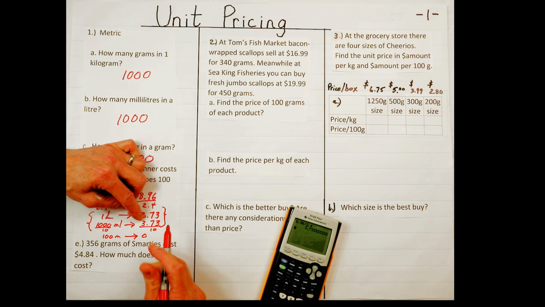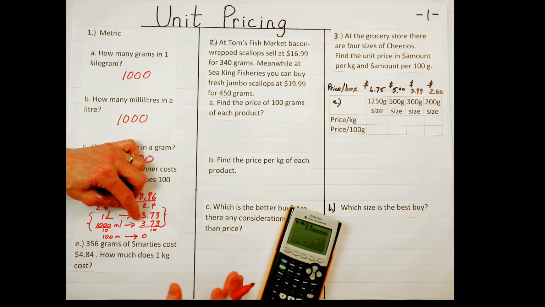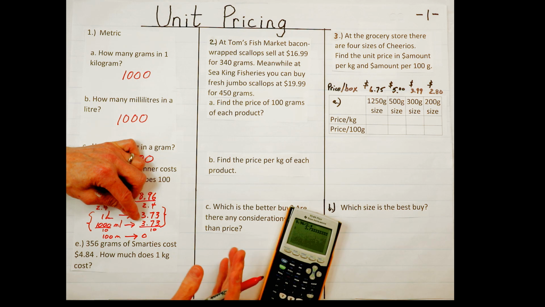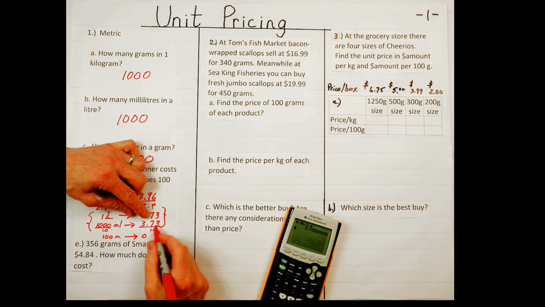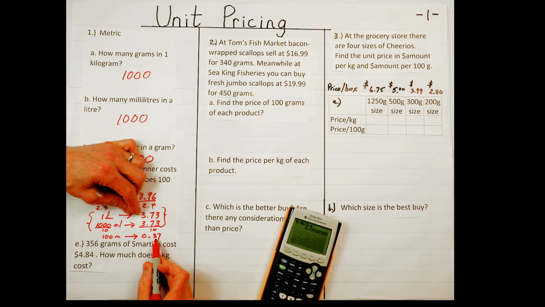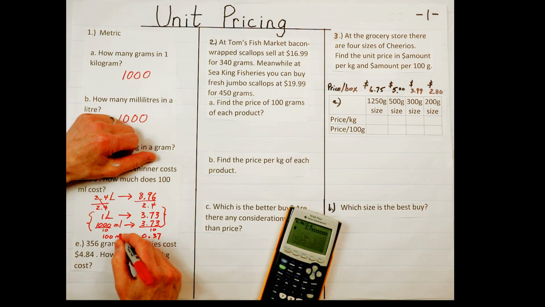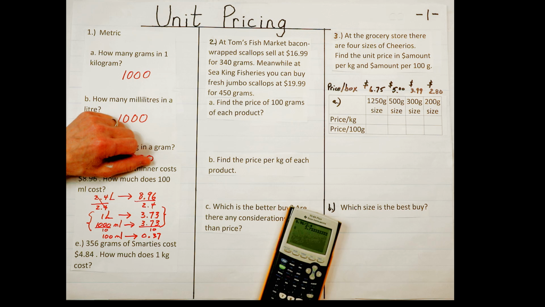when you're dividing by 10 or multiplying by 10, you don't really need your calculator, but if you feel more confident with your calculator, that's okay. I'll make some of these calculations today without the calculator. So this is going to be 37 cents for 100 milliliters.